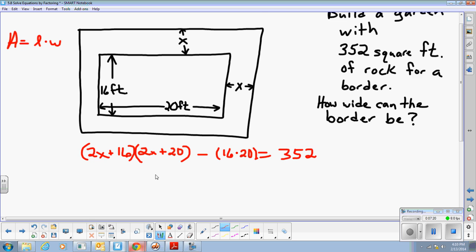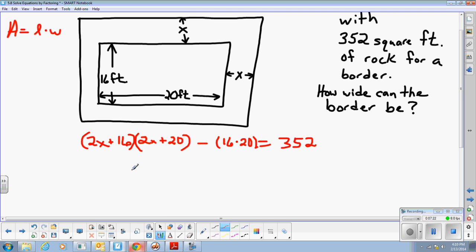So now what do I do to find X? I have to do all sorts of types of work here. The first thing is I'm going to FOIL, or distribute and multiply, which we did early in chapter 5, in the middle of chapter 5. And then we're eventually going to do some factoring again. So when I multiply this, it's 4x squared, and then I'm going to do 2x times 20, so that is plus 40x.